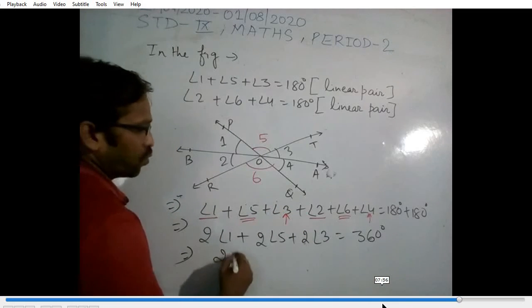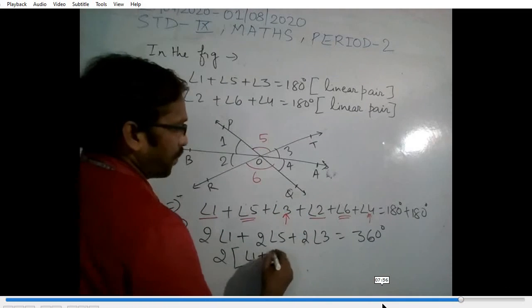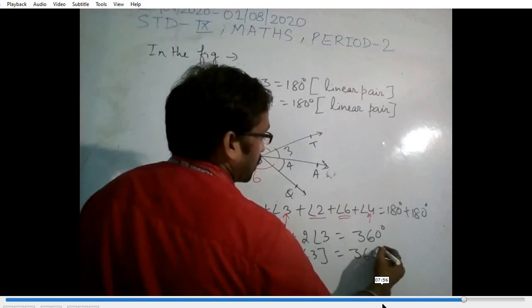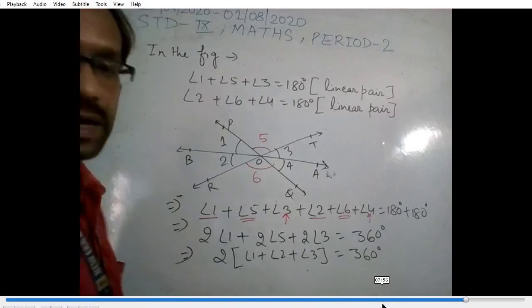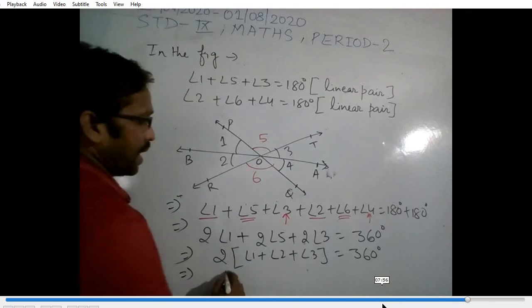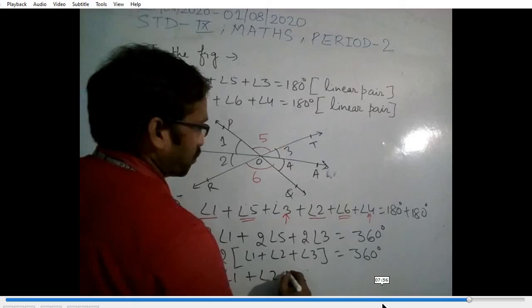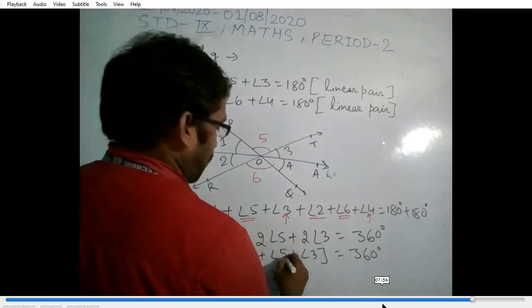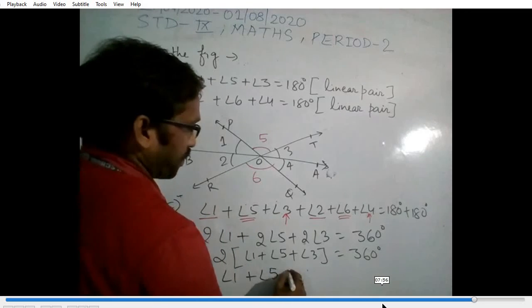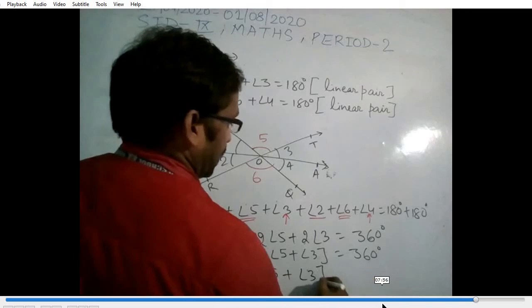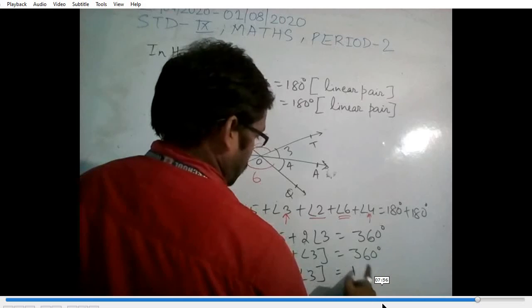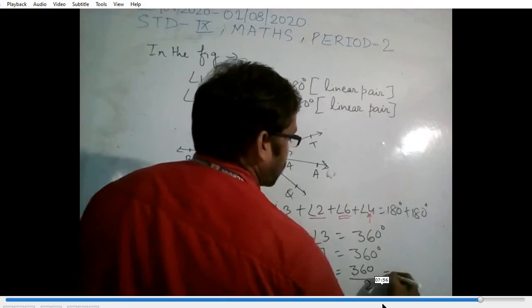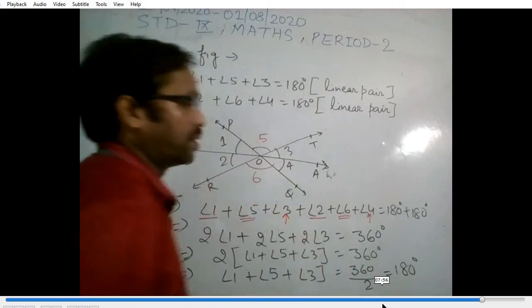So that means angle 1 plus angle 5 plus angle 3, this is not angle 2, this is angle 5 actually, is equal to 360 by 2, that is equal to 180 degrees.